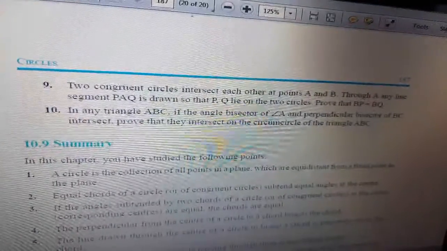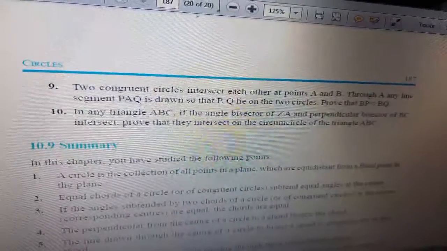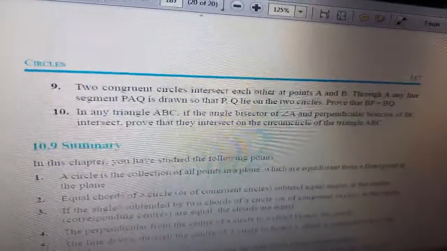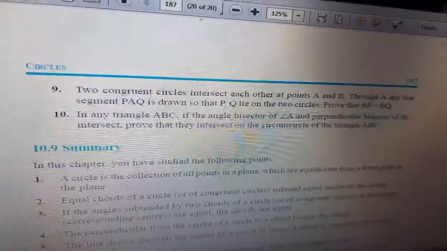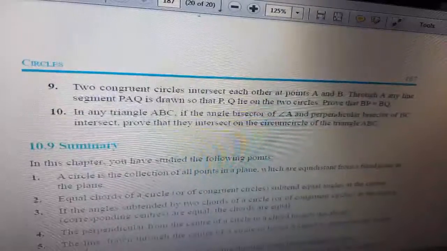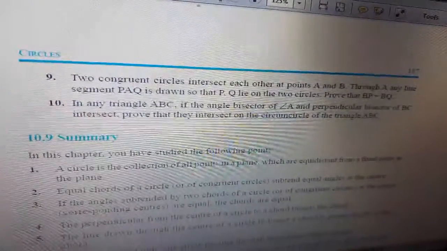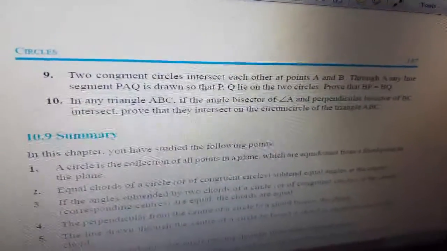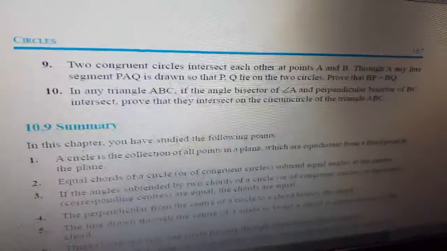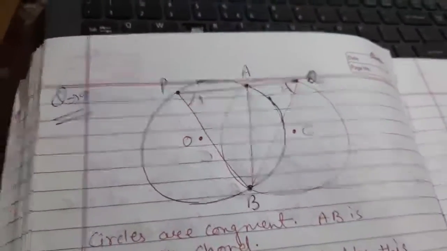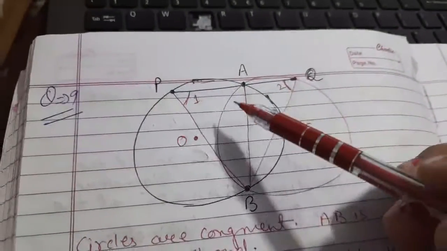Two congruent circles intersect each other at points A and B. Through A, a line segment PAQ is drawn so that P and Q lie on the two circles. Prove that BP is equal to BQ. Okay, first we have two congruent circles intersecting each other at points A and B. By the help of the statement I have drawn the diagram.